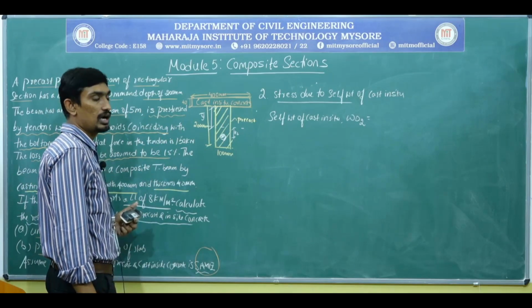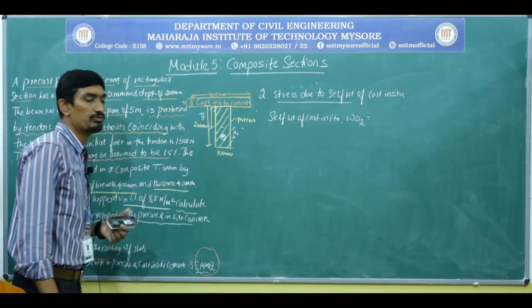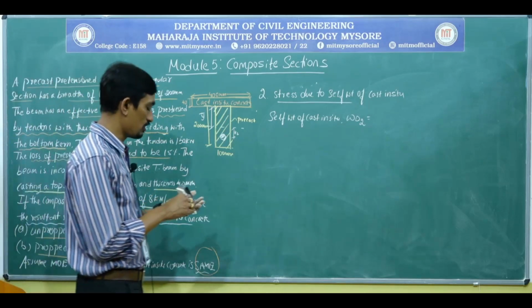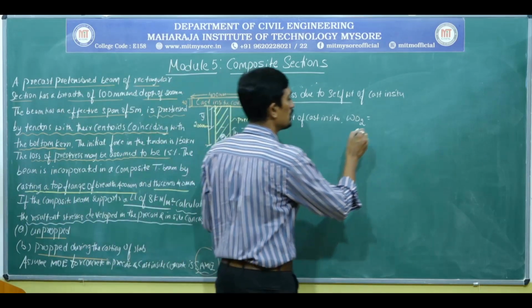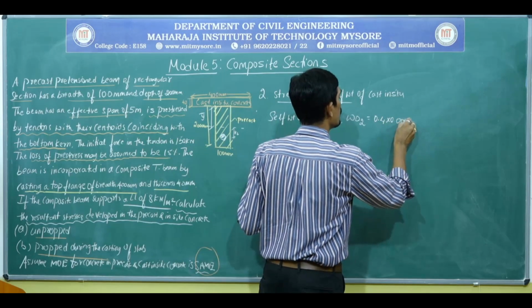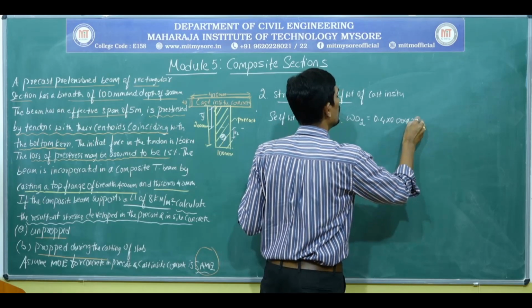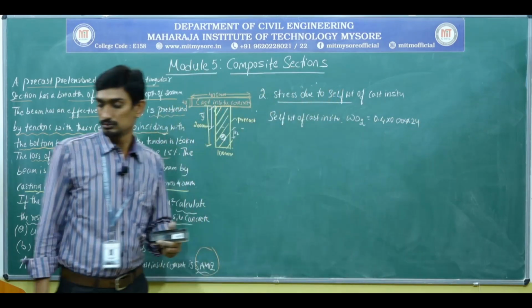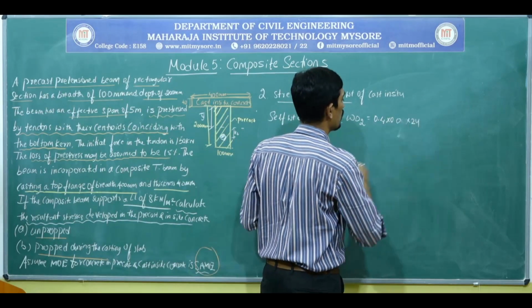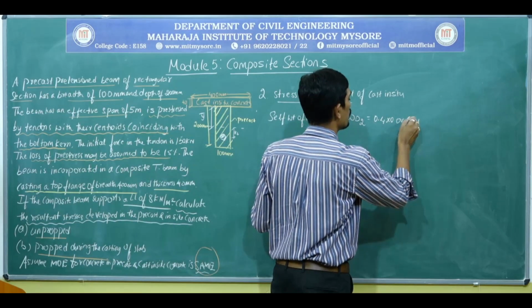The cross-sectional area is 400 by 40, or I can say 0.4 into 0.04, into 24. Not 0.004, it is 40 mm, sorry, it is 0.04.